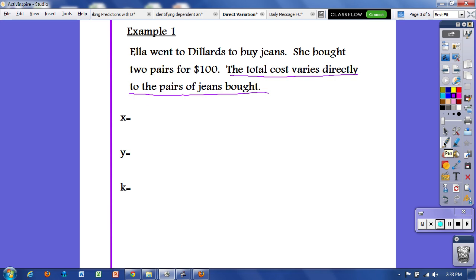So my x is going to be pairs of jeans bought, and then my dependent variable, the y, is going to be total cost.